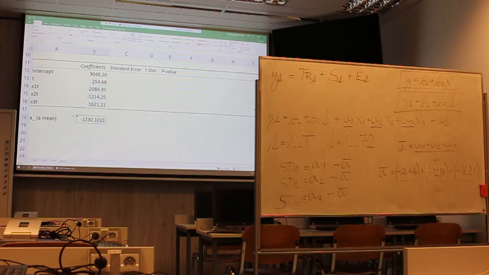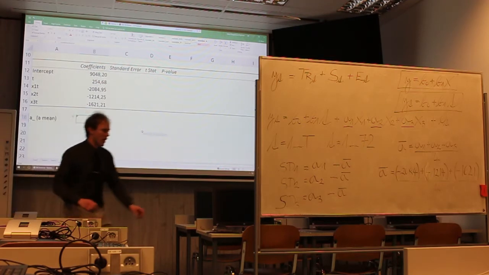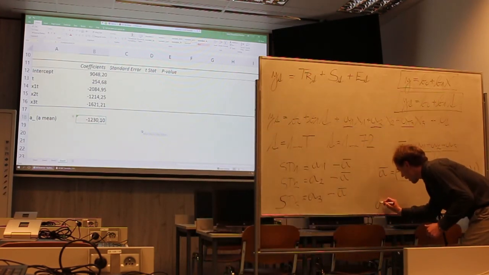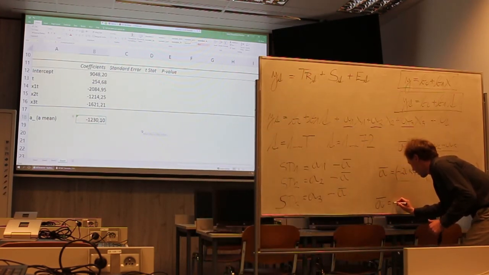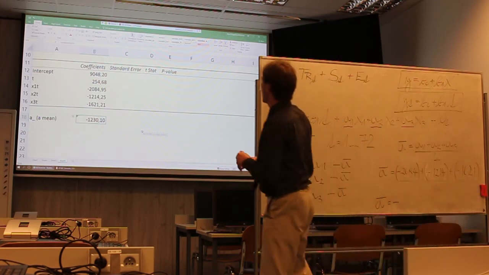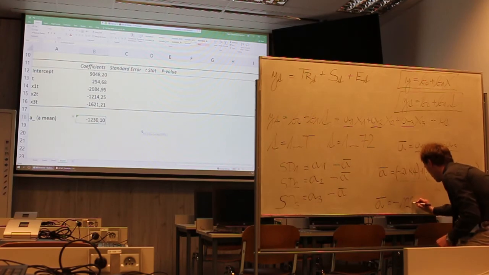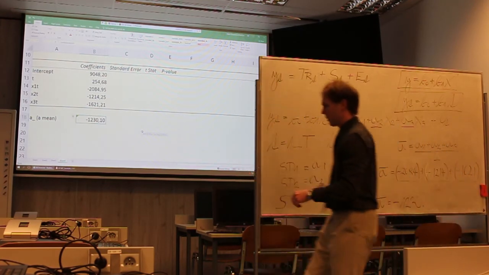So the result is minus 1230.10. A with stripe is equal to minus 1230.10.